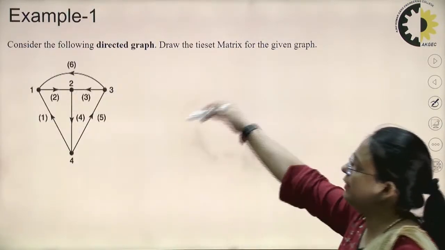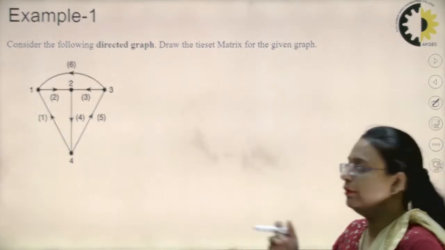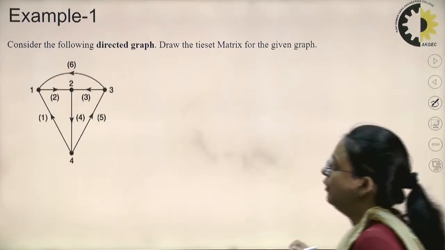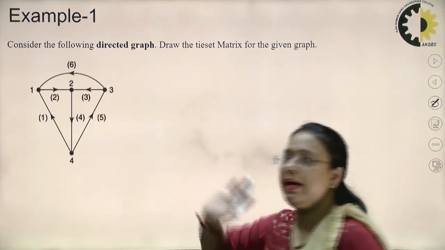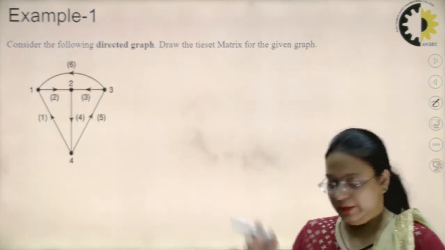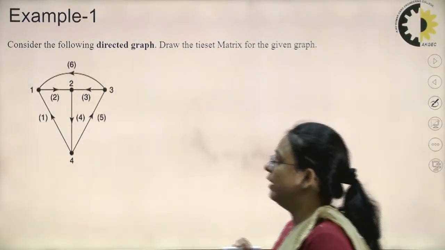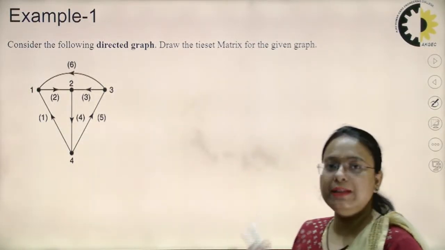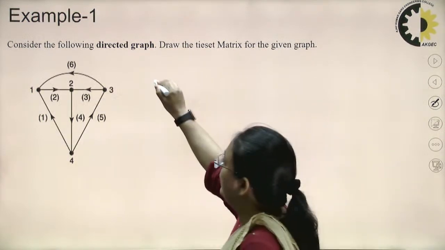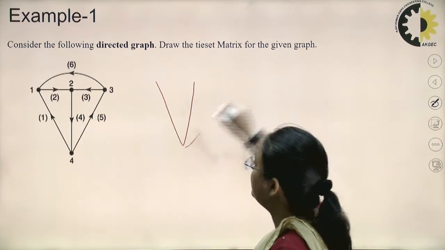So I have taken this example to write down the Tieset matrix. The graph is given to us and I have to write the Tieset matrix for this graph. First of all, I'll select a tree from this graph. You can select any tree.